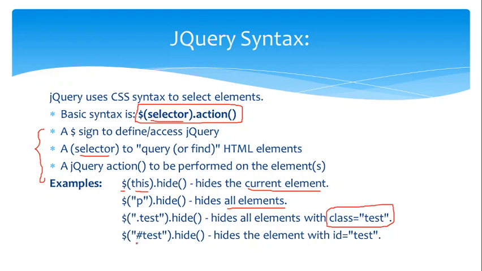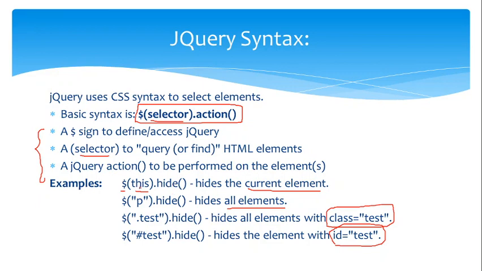Like if you are using hash test dot hide, then wherever you are using the id test, all those elements will be hidden. So these are different ways to hide the elements.